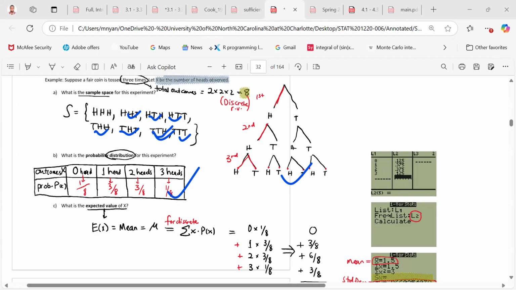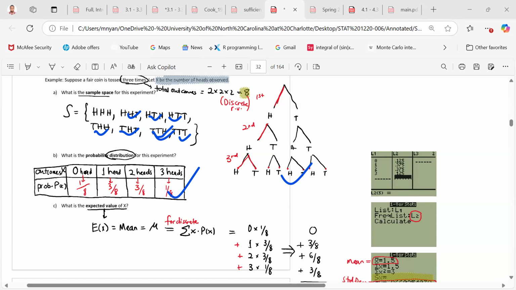Our S bar is our expected value. And here we are going to use the sigma S, not the Sx with S. We choose the sigma S. The sigma S gives us our standard deviation. Then we take the square of that, and that gives us the variance of that random variable.